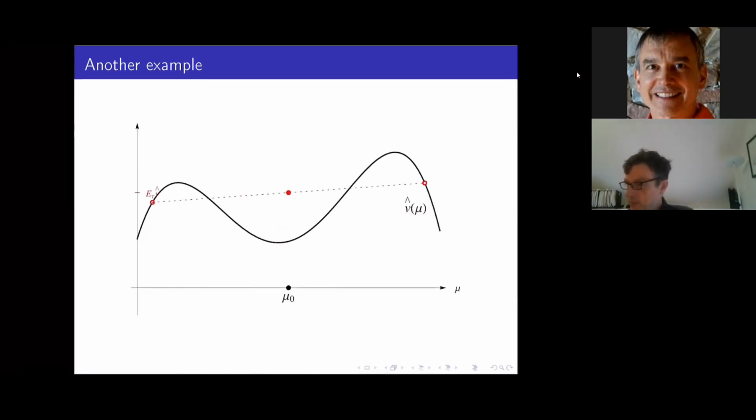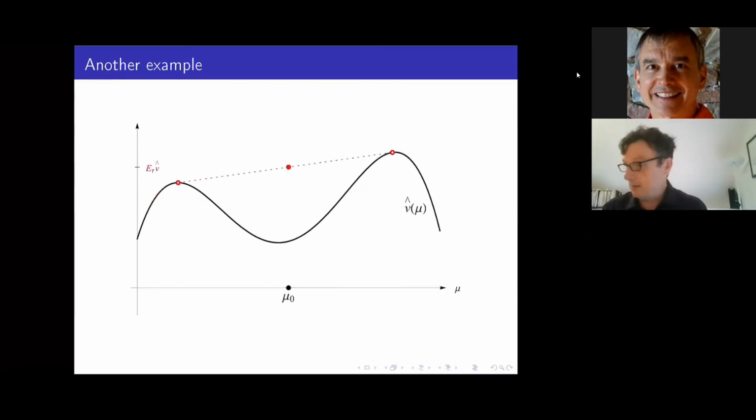We can move these points further up, and as we move these points further up, we get an even higher utility for the sender, and the maximum is attained where we are connecting not necessarily the maxima, but something close to the local maxima here, and then form the concave closure.